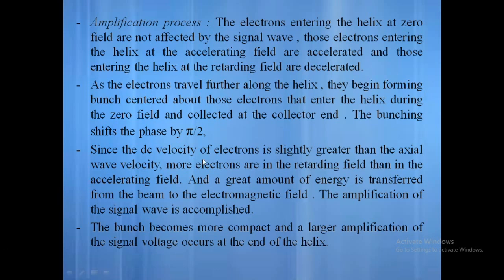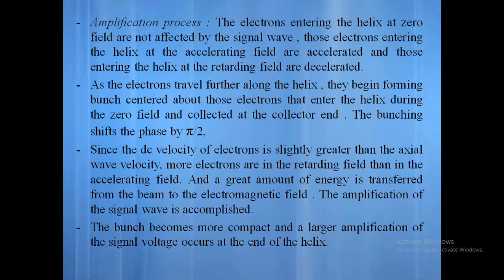Next, since the DC voltage of the electron is slightly greater than the axial wave velocity, more electrons are in the retarding field. What I explained means that during the negative cycle there will be more electrons, because the early electrons and late electrons will be combined.